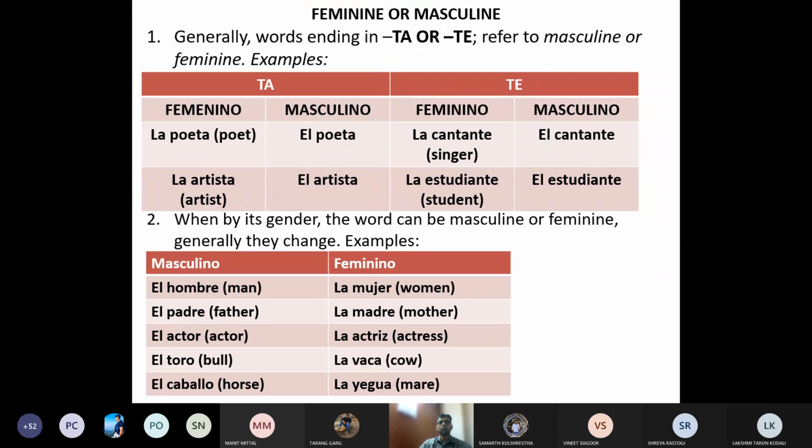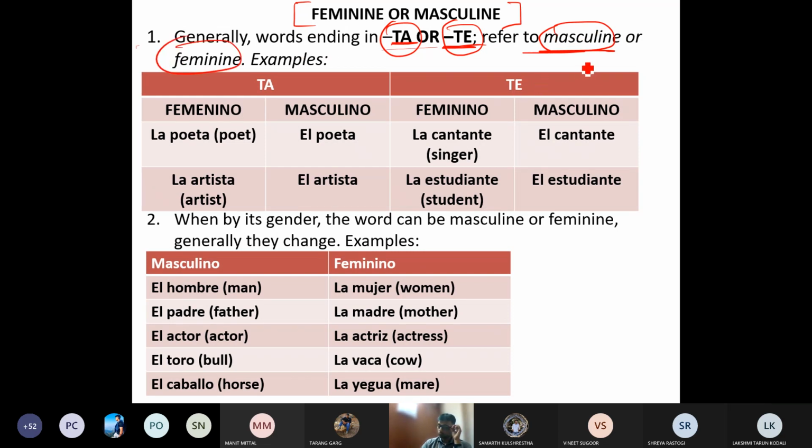Then come to the next one, feminine or masculine. Here what I'm going to show you is that the same word could be used in different ways. Let us see the first one. When you find words in Spanish ending with ta and te, they can be masculine or feminine, both.